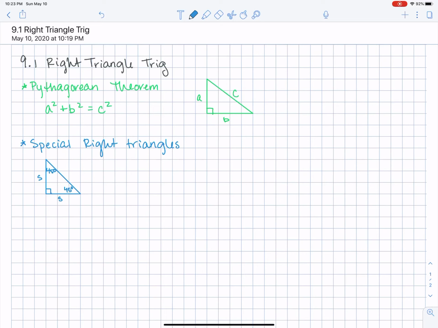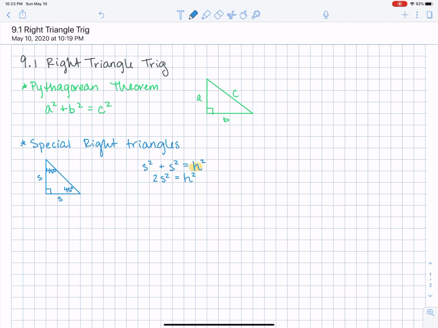So using our Pythagorean theorem, we would say that our side length squared plus your other side length squared is equal to your hypotenuse squared. Now we want to figure out what this hypotenuse is, so we're going to solve for it. Let's combine both of those sides: 2s squared is equal to your hypotenuse squared.